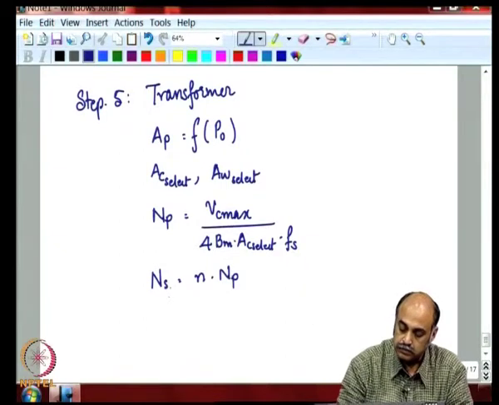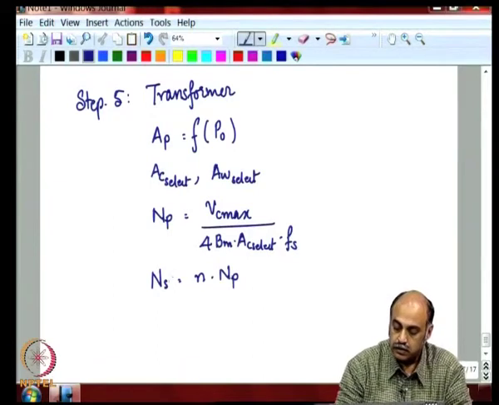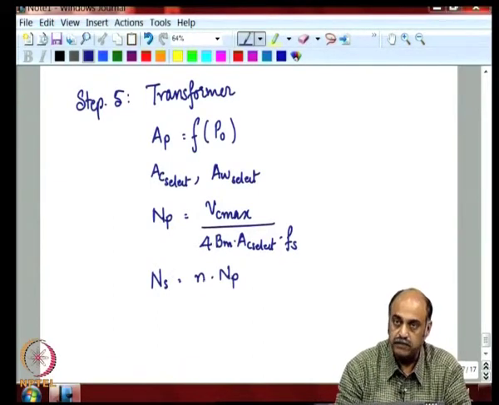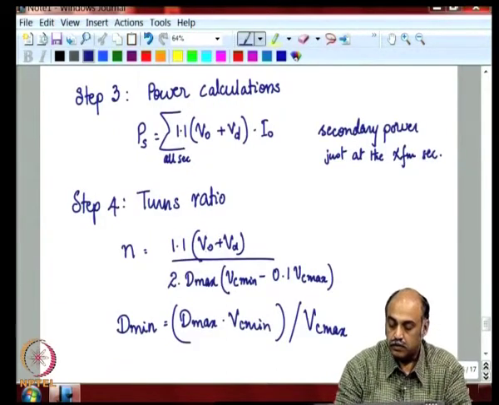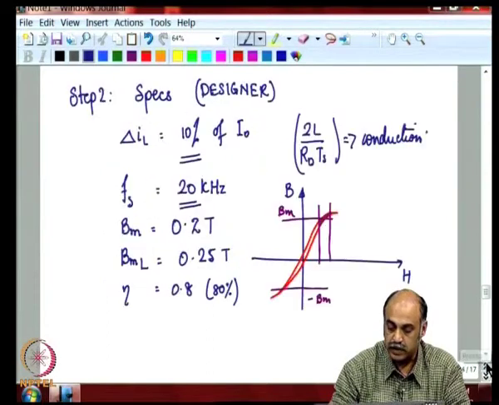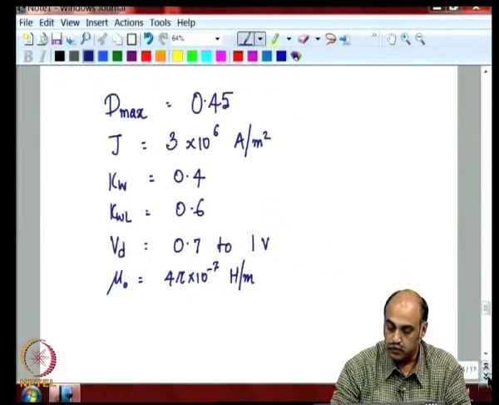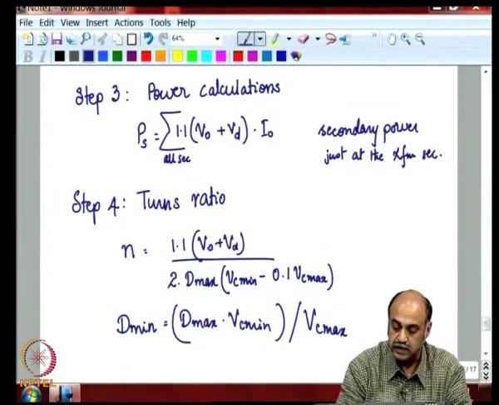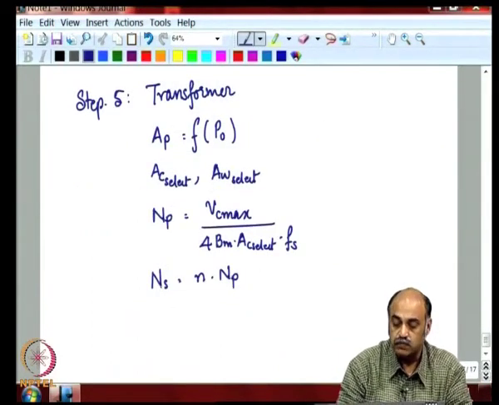So, if you have multiple windings, you will see that N is a vector, because we had specified V as a vector. You remember, we specified V as a vector. So, you will actually get N as a vector, and when you use N here, Ns will be a vector, it will have 2 values.